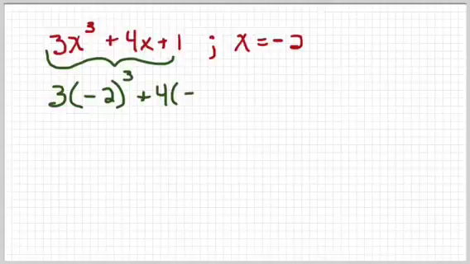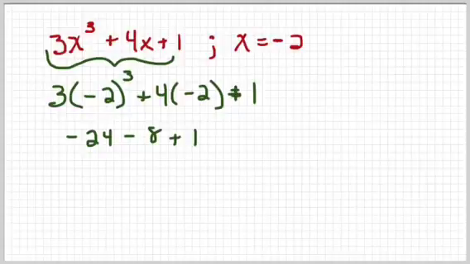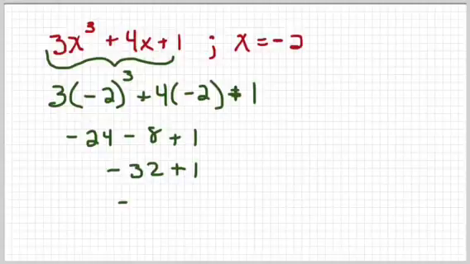If there's an x, we replace it with a -2, and then we solve that. Well, -2 cubed is -8, so we get -24 minus 8, oops, I should say plus 1. That's -32 plus 1, or -31. So we've evaluated it and came up with that answer.